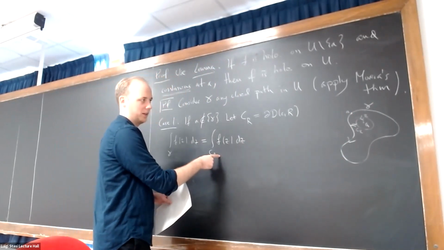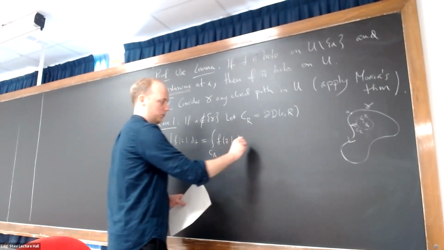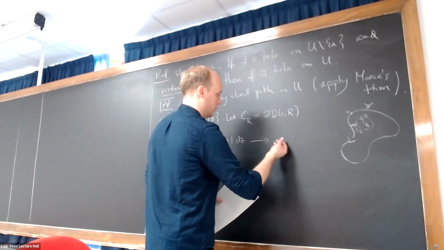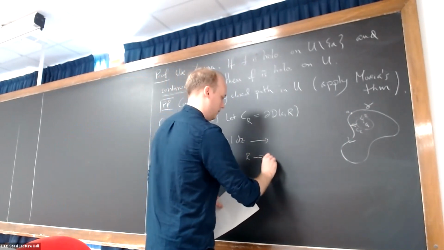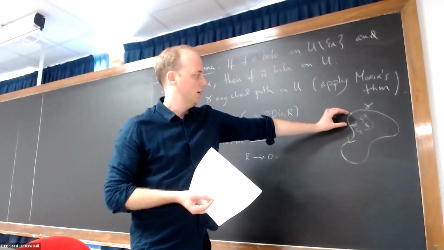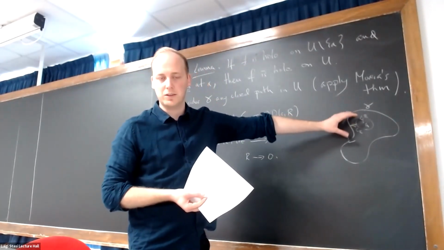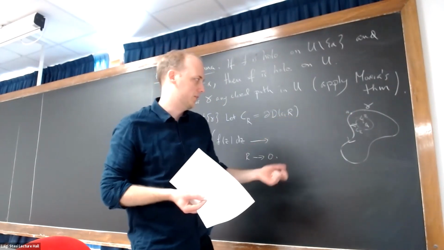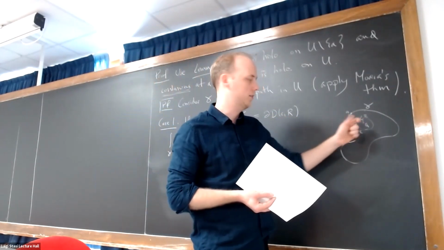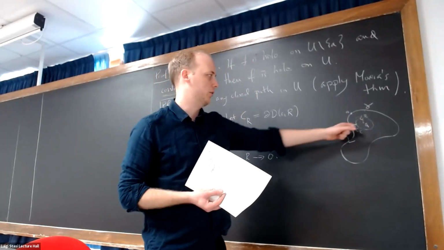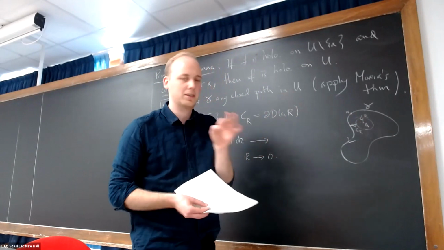So then what I can do is I can let r go to 0. I make this disk smaller and smaller and smaller. And this is when I use the continuity assumption. Because if really there was a singularity and the function went to infinity here, or had a very wild behavior, then we don't know what would happen to the integral, even if the disk was very small.